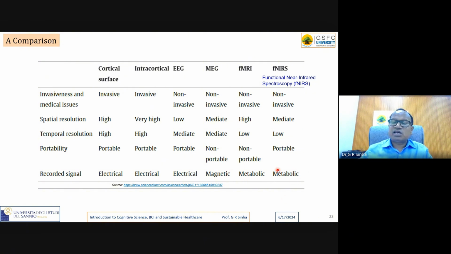What is this metabolic? It is related to blood flow and supply of oxygen inside the brain. We will try to understand what this metabolic is and how functional MRI and functional NIRS are different in the next lectures.